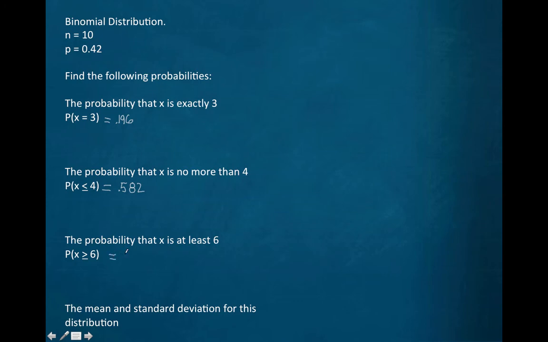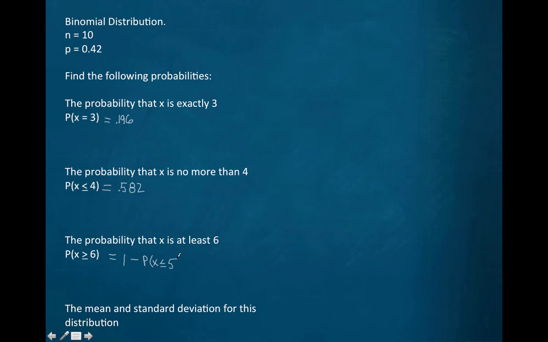So if I start with 1, that would be the sum of all probabilities, and subtract from that the probability that x is less than or equal to 5, then what would be left would be the probability that x is equal to 6 or more.